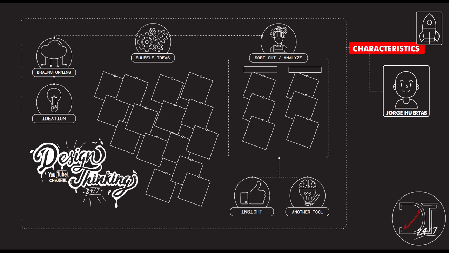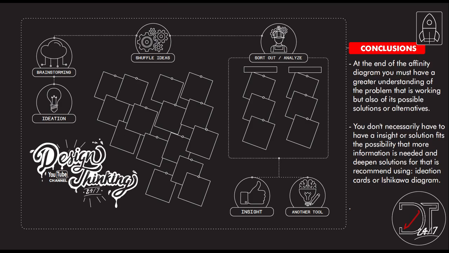The team that is working with this has to be very expert, older members in the situation, because if you don't have a big preparation, you will not understand what's going on. As a conclusion, we can say that at the end of the affinity diagram, you must have a greater understanding of the problem you are working on, but also, if possible, solutions or alternatives.